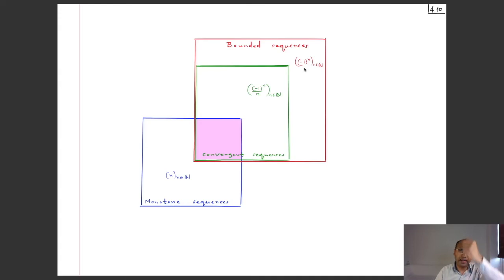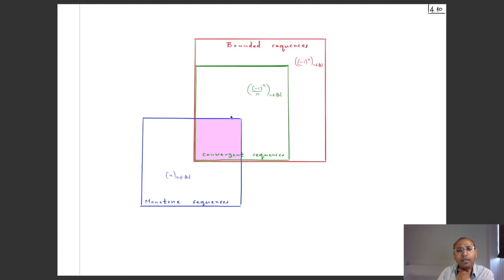On the other hand, we have this blue box containing all the monotone sequences, which are sequences that are either increasing or decreasing, and not all monotone sequences are bounded. For example, the sequence of natural numbers is increasing, hence monotone, but it's not bounded.